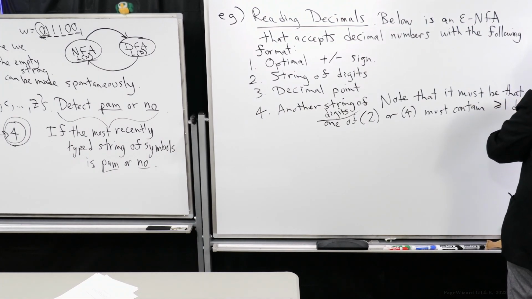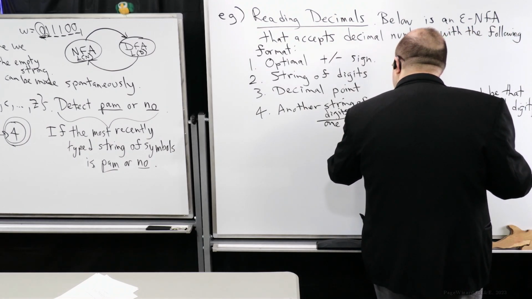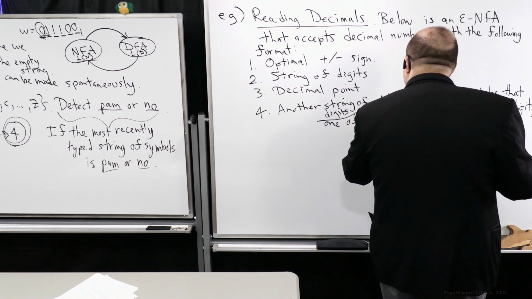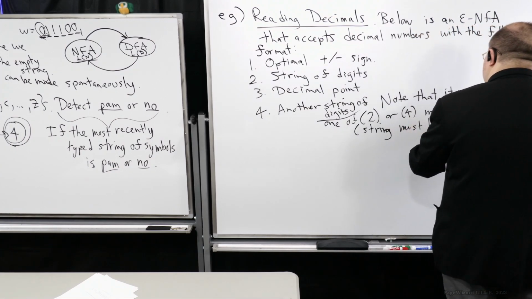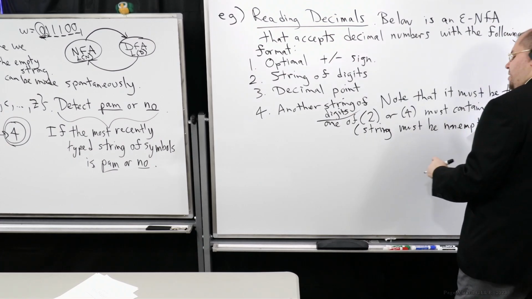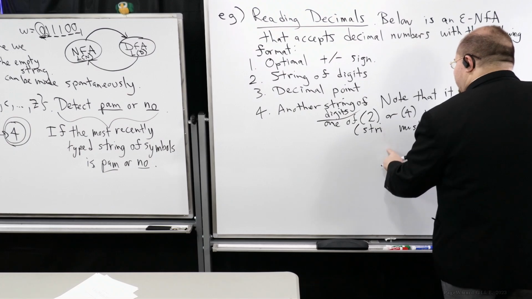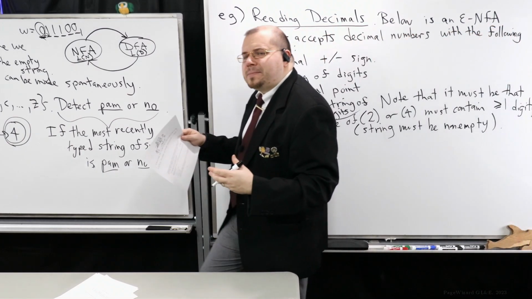I.e., the string must be non-empty. That's another way of putting this. That's a really funny word right there. It looks like the string sort of melted into itself like cheese.